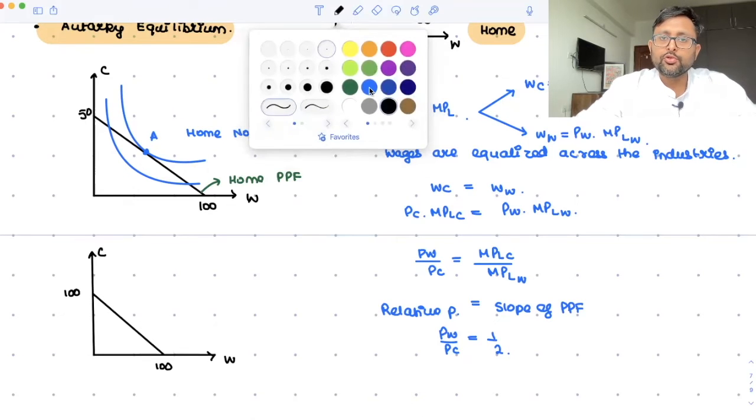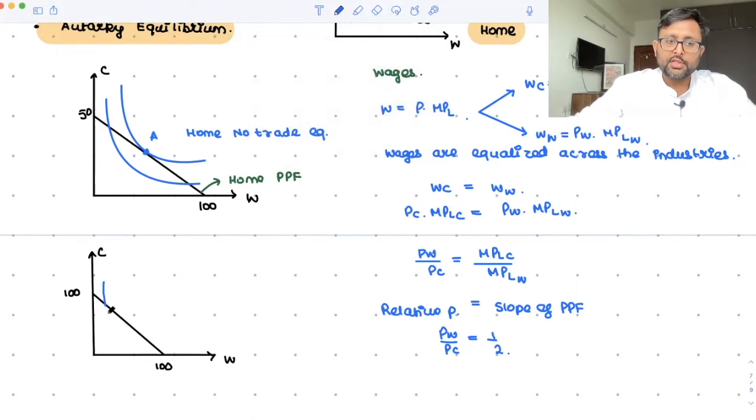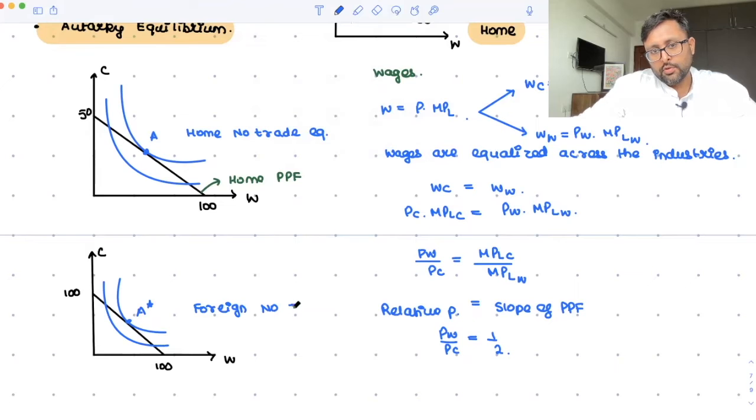And similarly, you can also draw the community indifference curve for the foreign country. So is this the highest community indifference curve given this PPF? No. This one is the highest one, and I call this A star. This is the foreign no trade equilibrium.